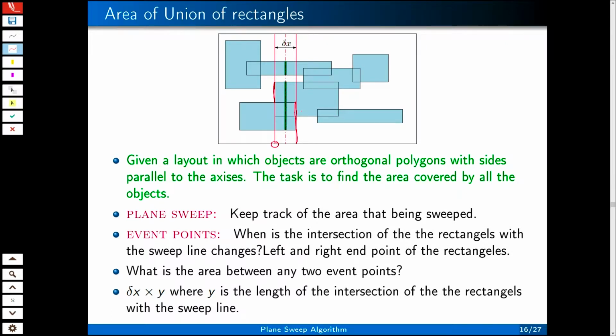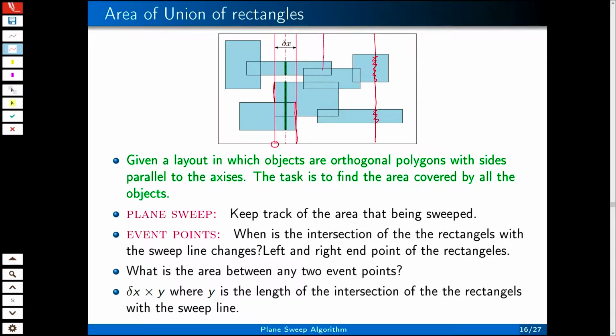So, if I look at the sweep line and consider the intersection of the sweep line with the rectangles, what will that give us? It will give us a set of intervals along the y axis. This is one interval, this is another interval.